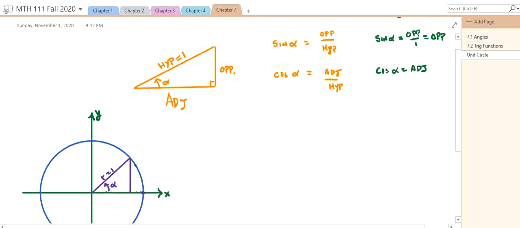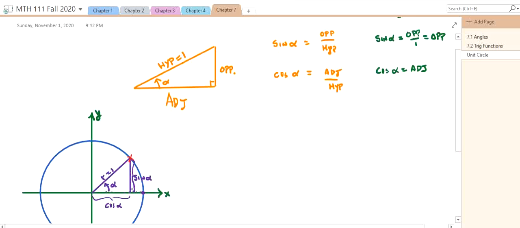So this distance here equals sine of alpha, and this distance here is going to equal the cosine of alpha. You can imagine as we spin this radius from alpha equals 0 out to alpha equals 90 degrees, the sine of alpha is going to grow and the cosine of alpha is going to shrink.